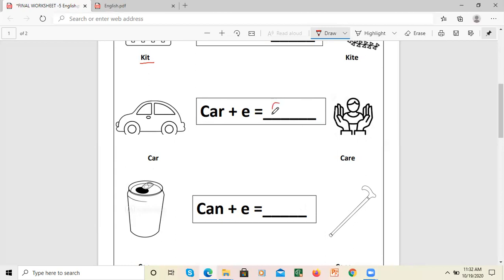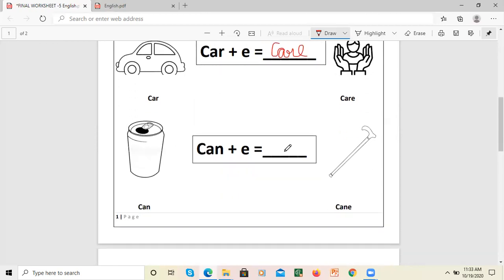You add E to it, the word becomes CARE, care. You know, when mummy cares for you, she cooks nice food for you. Same way, it is important for us to remember how adding E not only completely changes the meaning of the word, also makes a new word which is belonging to another picture.